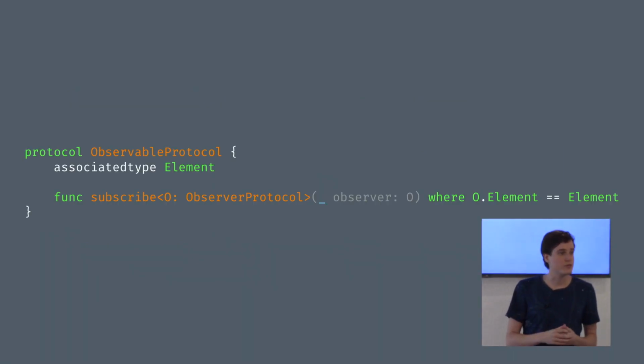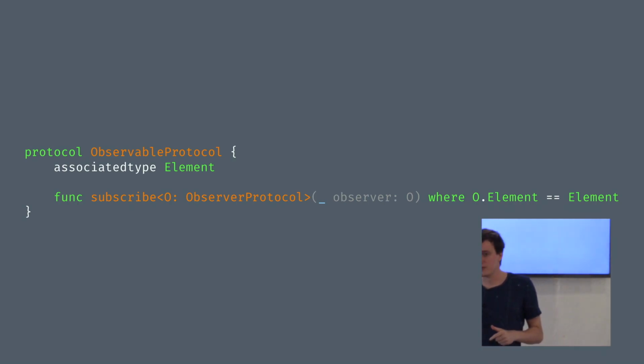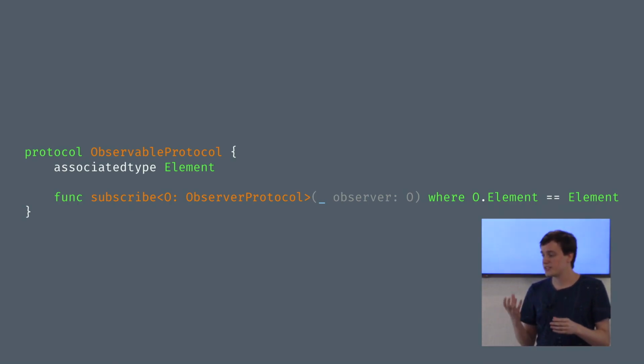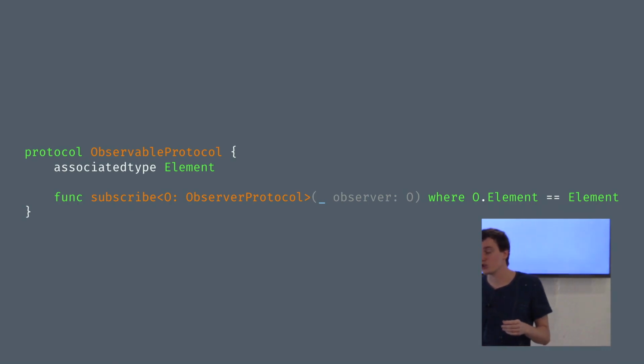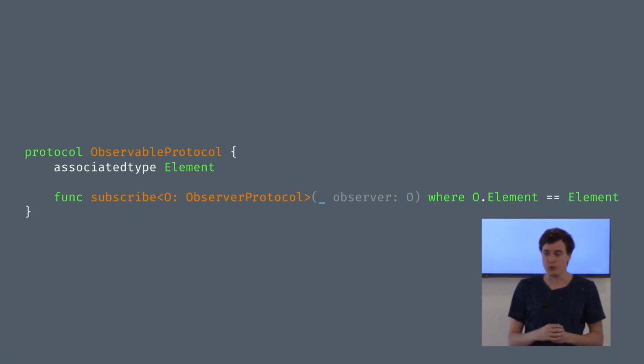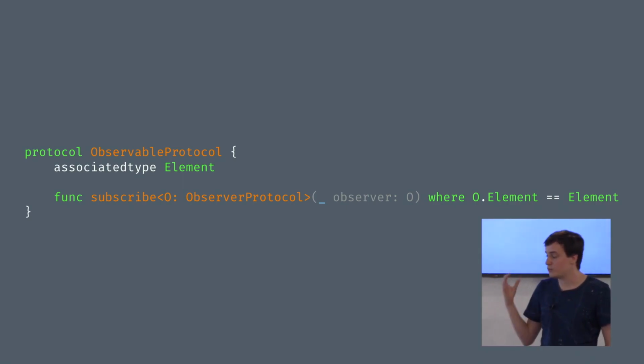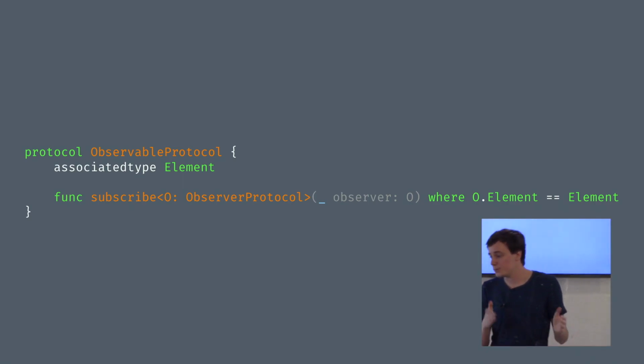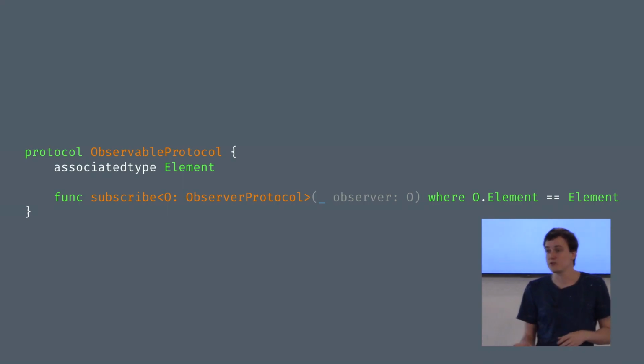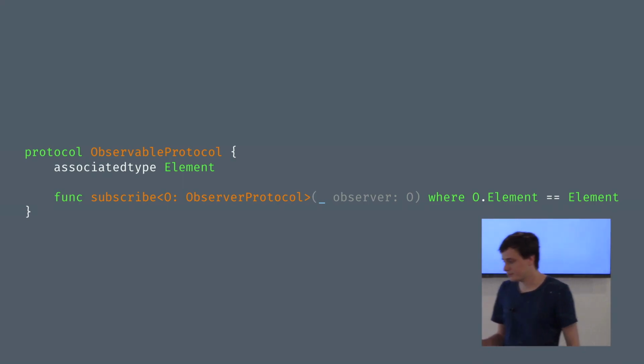Instead of the sequence protocol that has a method makeIterator that returns an iterator, we can now pass the equivalent of the iterator, the observer, to the observable. It's called subscribe. So you pass the observer to the observable, and then they have to match types, of course. You can have an observable of ints, and you also have to have an observer for ints.